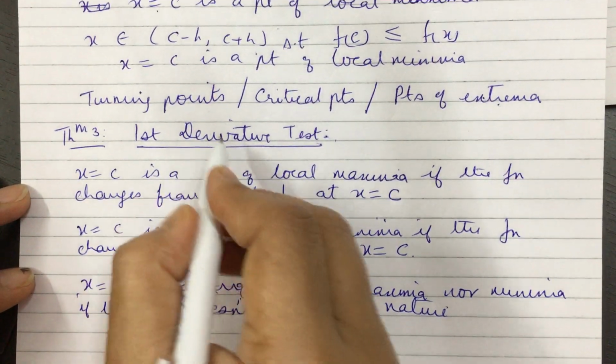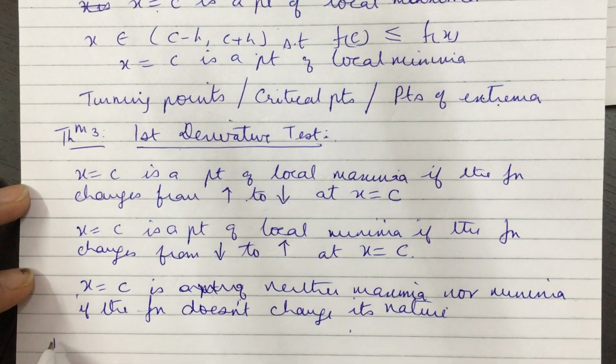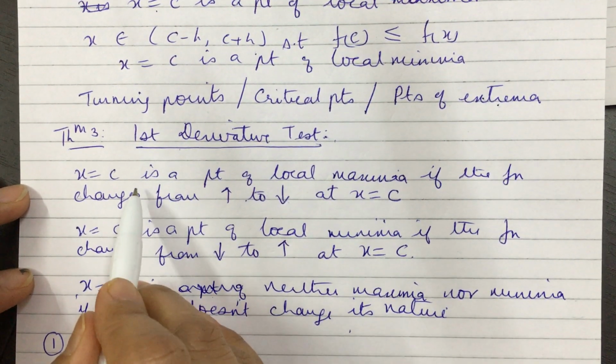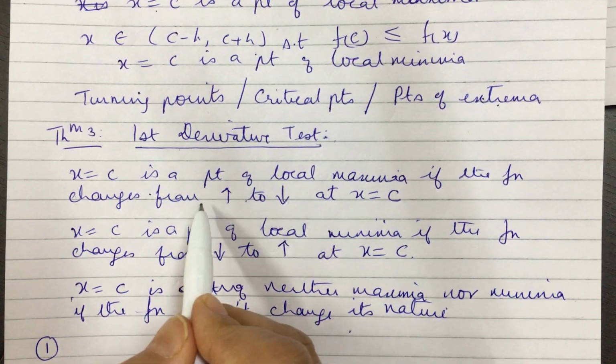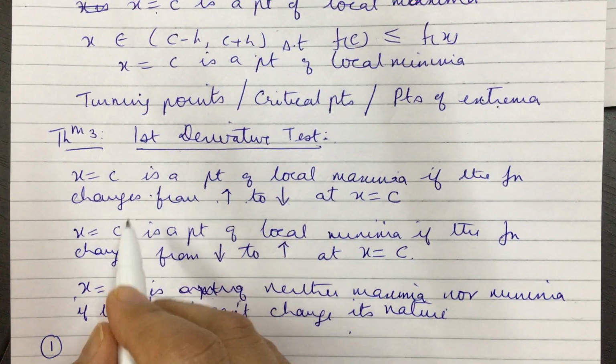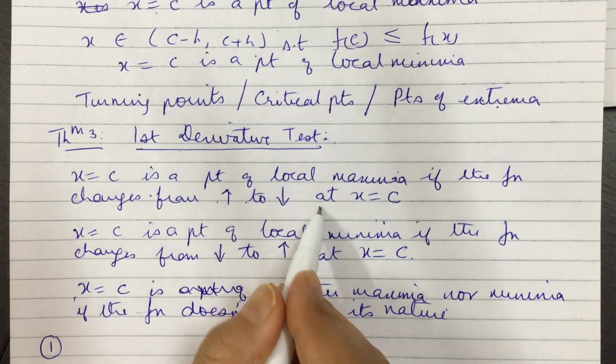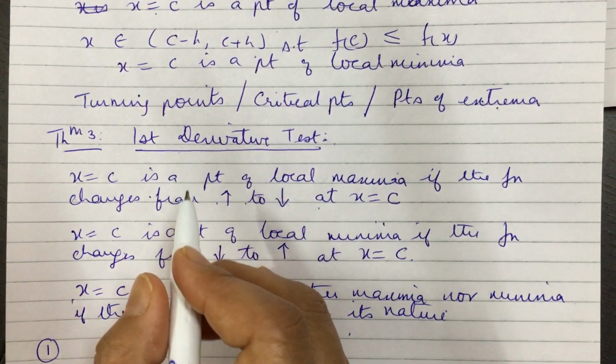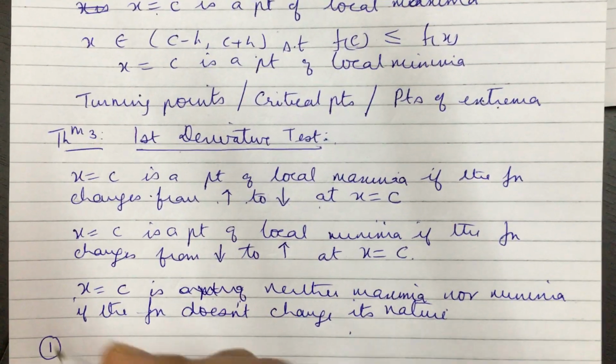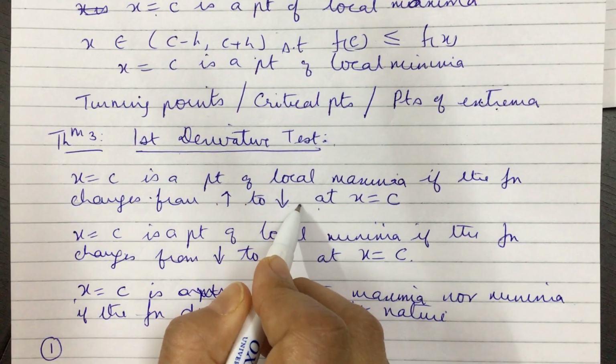So based on this we have the first derivative test, which says that from increasing to decreasing means f dash x should be greater than 0 on the left and less than 0 on the right of x equal to c.